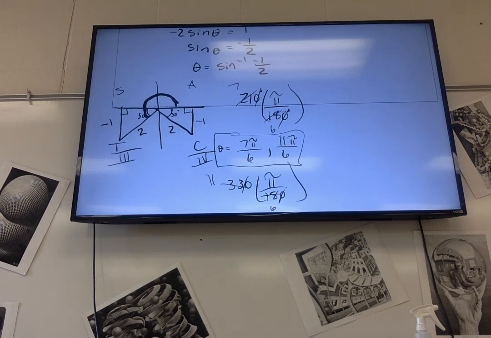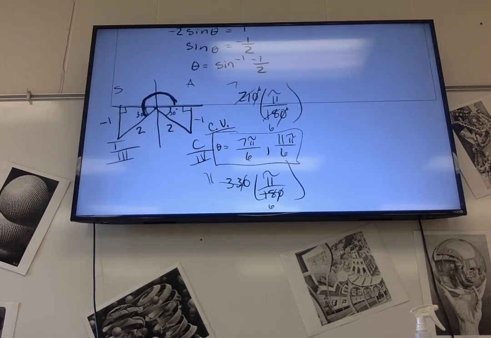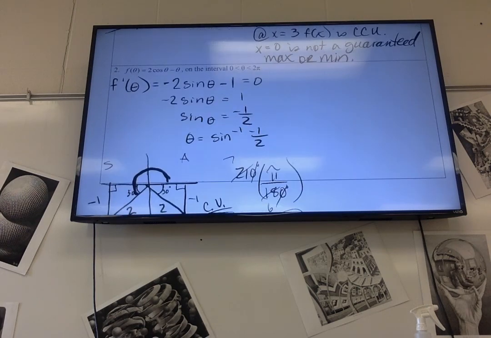Here are the two thetas. So those are critical values, possible points of inflection. So we have to find f double prime of theta of this.